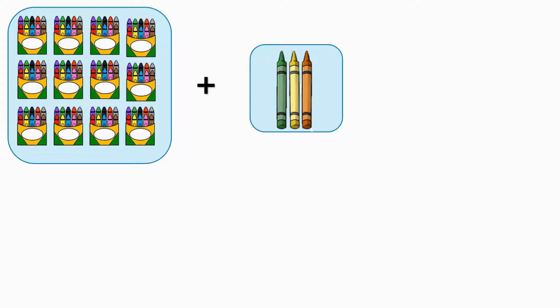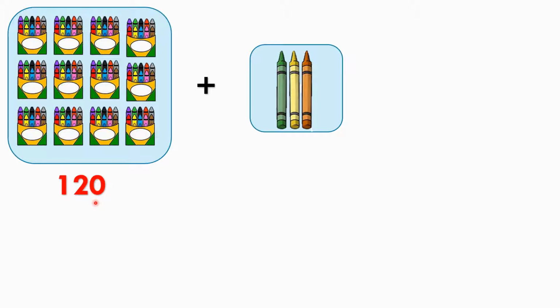Now next, here some crayons are given and each box has 10 crayons. So here total 1, 2, 3, 4, 5, 6, 7, 8, 9, 10, 11, 12 boxes. Means 120 total crayons.